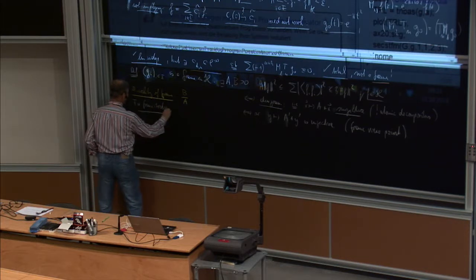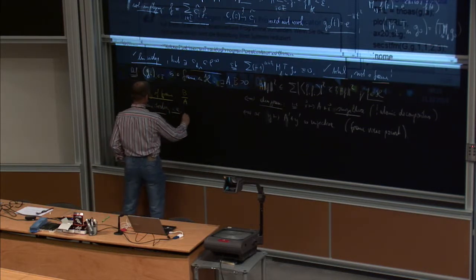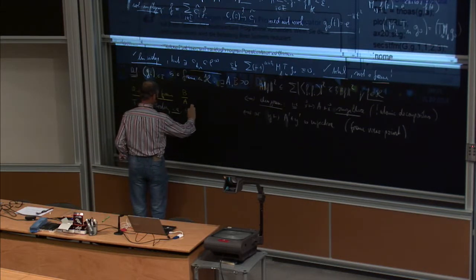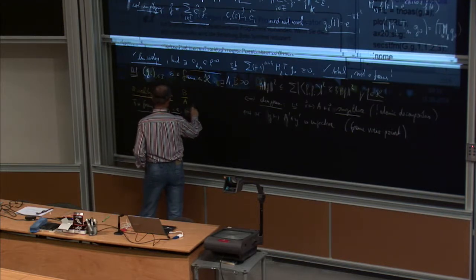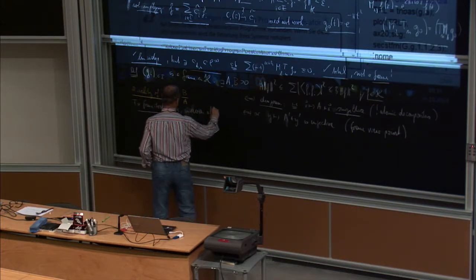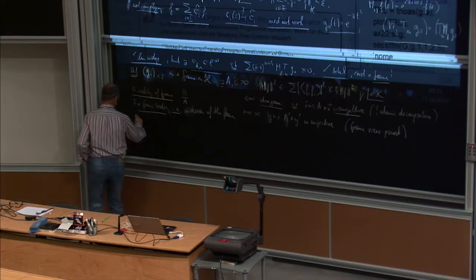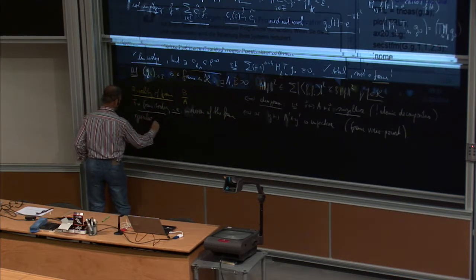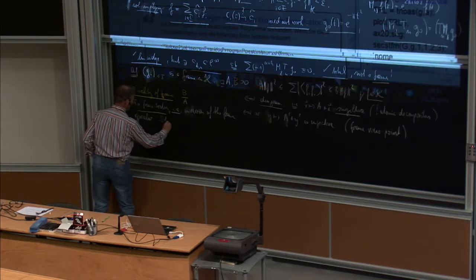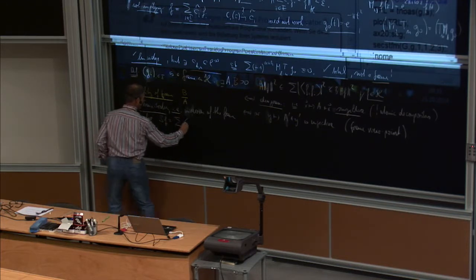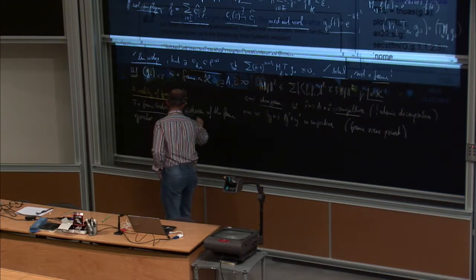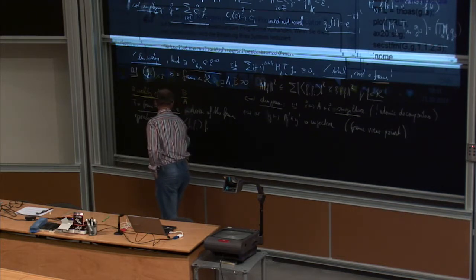It is for the inversion of the frame operator, which plays the significant role. S of f is defined as the sum over the whole family of the inner products of f with f_i times f_i.